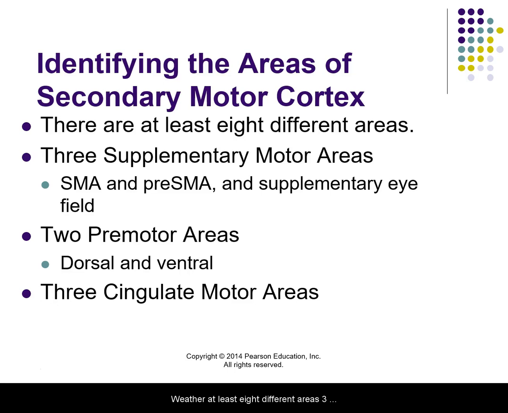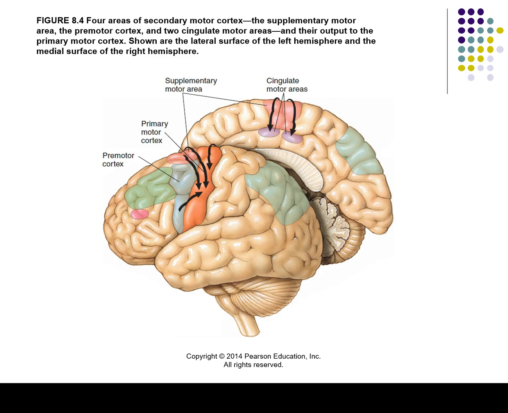There are at least 8 different areas: 3 supplemental motor areas, SMA being the acronym for supplemental motor areas, 2 premotor areas, and then 3 cingulate motor areas. I'll show you all of these on this diagram here. Here you have the cingulate motor areas, the supplementary motor area, primary motor cortex, and premotor cortex. Everything still stems from the primary motor cortex in the precentral gyrus of the frontal lobe.